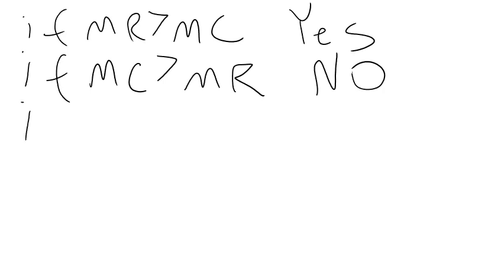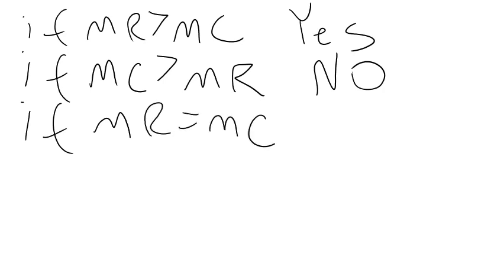So last one. If MR equals MC, if that last unit produced contributed just as much to total revenues as it did to total costs, well, then we have achieved profit maximization, loss minimization.